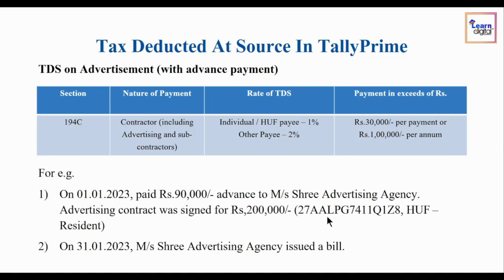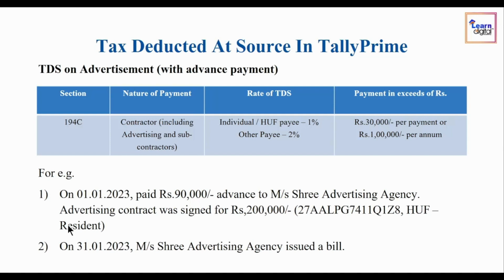And here the information is given, that is the GST number of the party is given, and the party type or the payee type is HUF. That person is having his own family business, that is Hindu undivided family business of an Indian resident. So on 1st of Jan, we paid 90,000 as an advance to Messrs. Shri Advertising Agency, and the whole contract was signed for 2 lakh rupees.